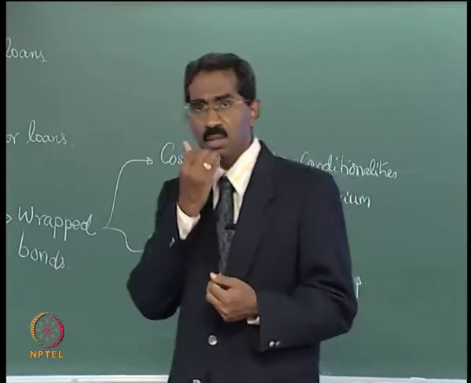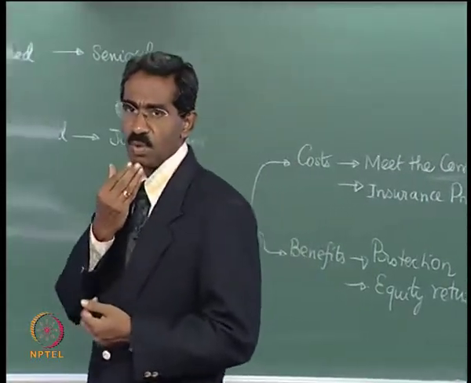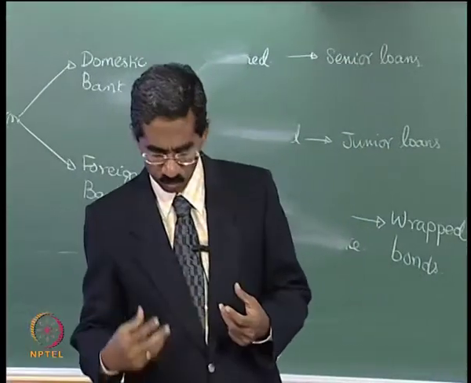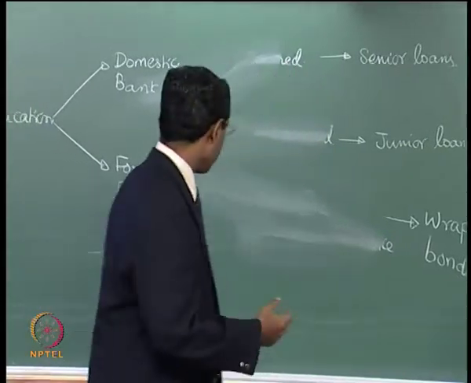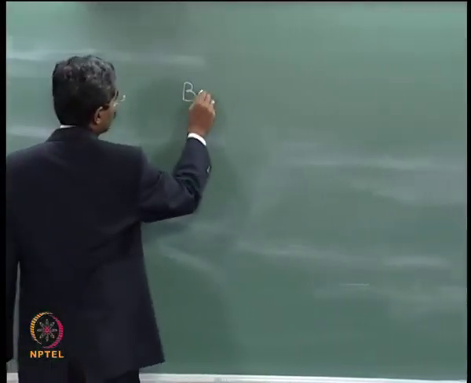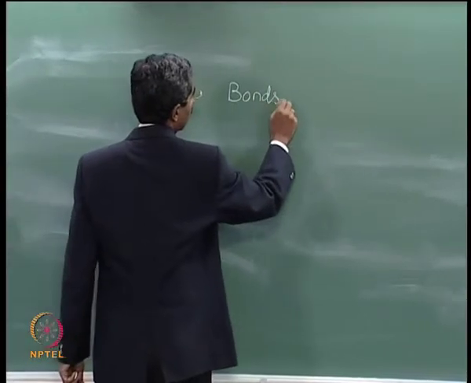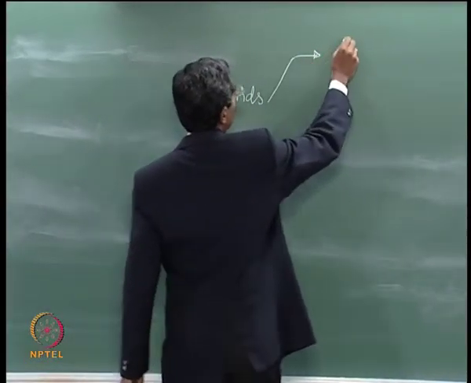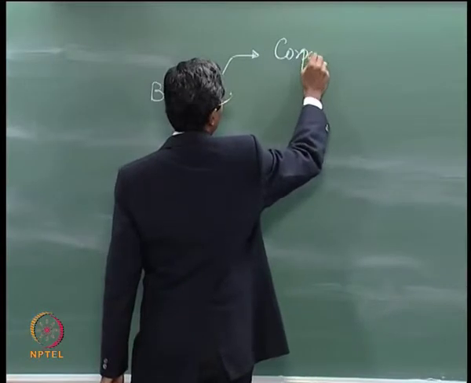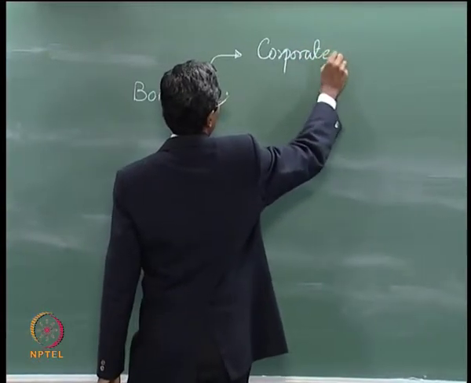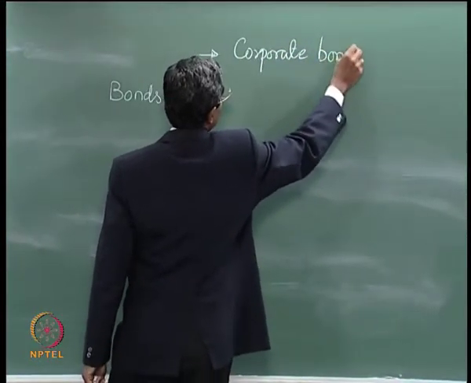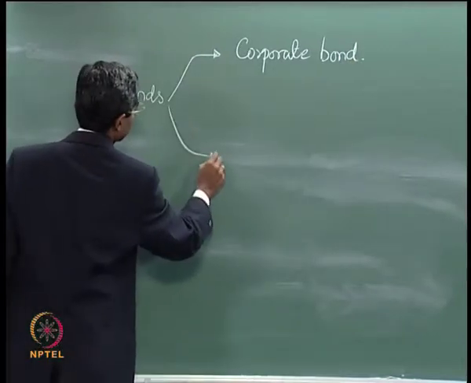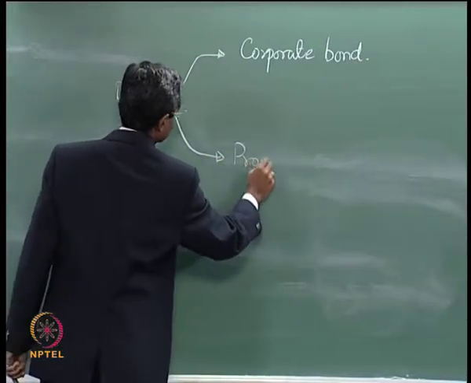Okay. So now let us compare a project bond vis-a-vis a traditional bond, which we call, let us say, a corporate bond. So bonds in terms of generic types, let us say we classify them as corporate bond and we classify them as project bond.